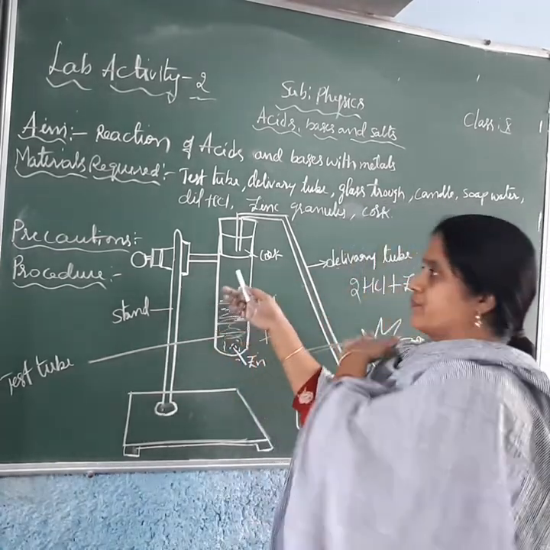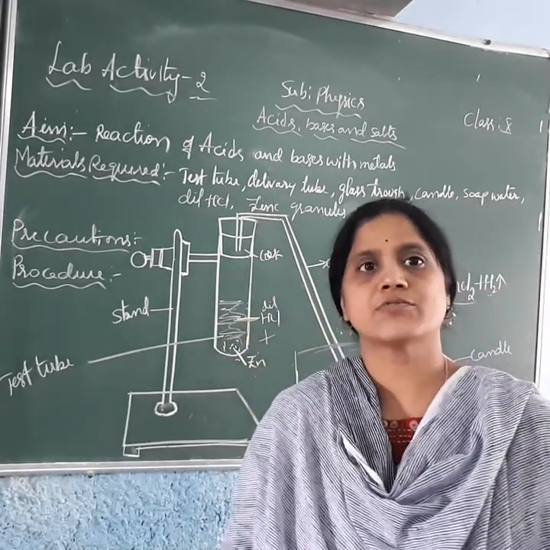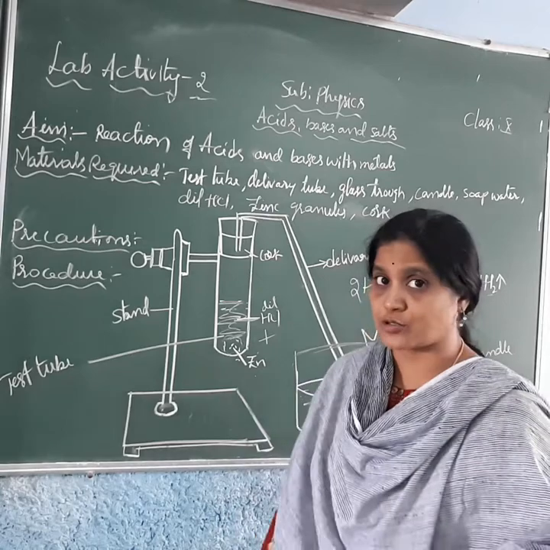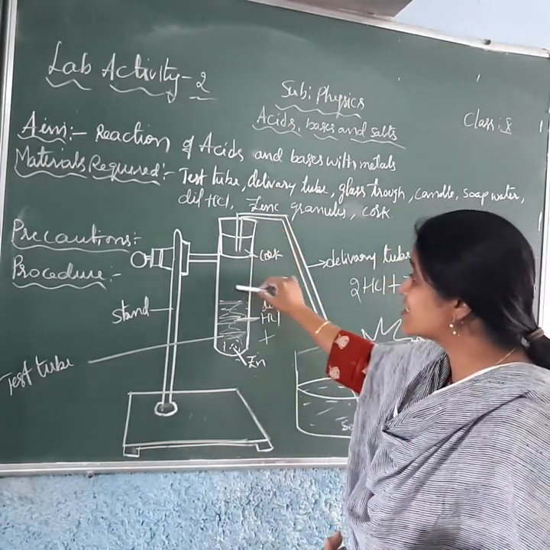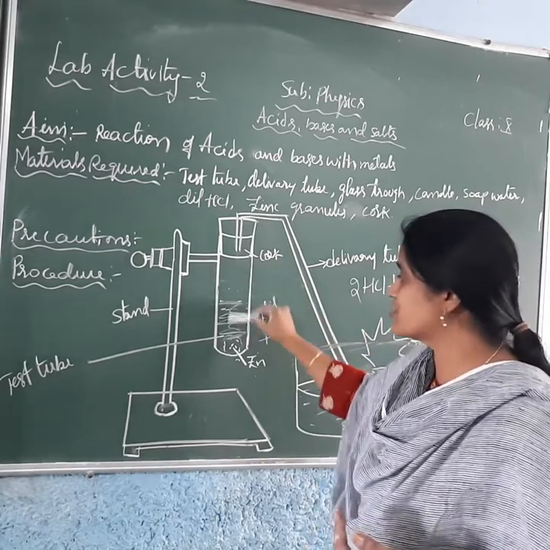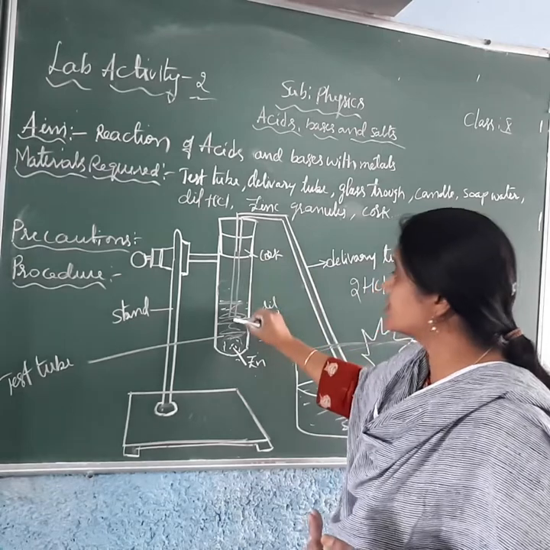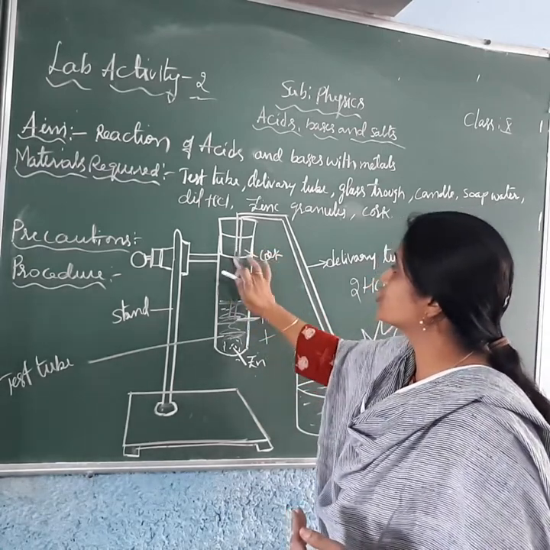Next, while we are doing this lab activity, what precautions do you have to take? See, this delivery tube should not touch the liquid, the solution in the test tube. It should not go deep into it, so it should maintain some gap. Why?